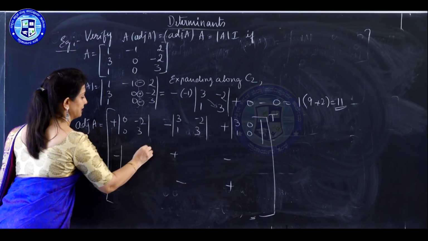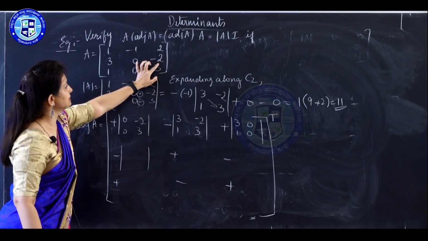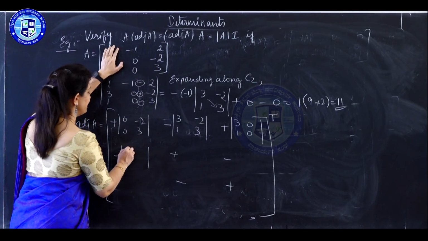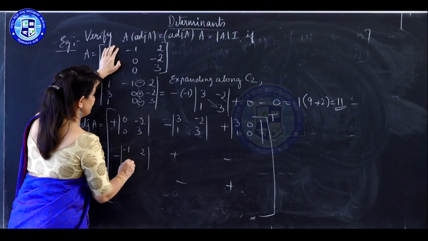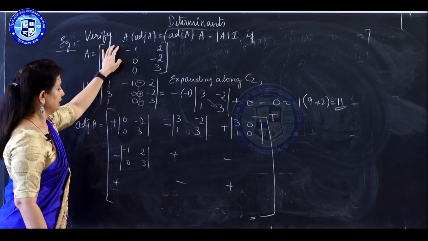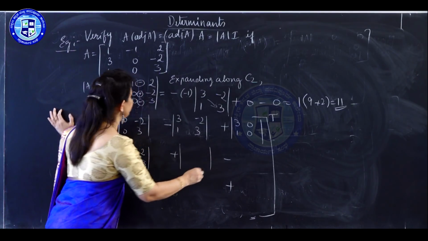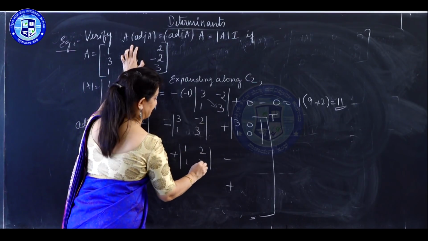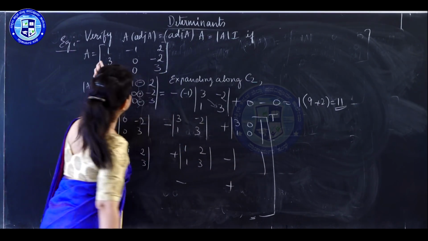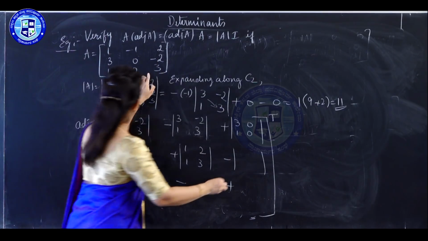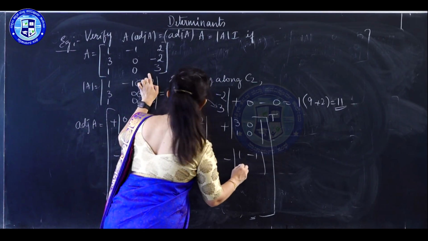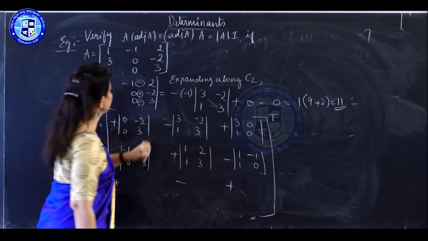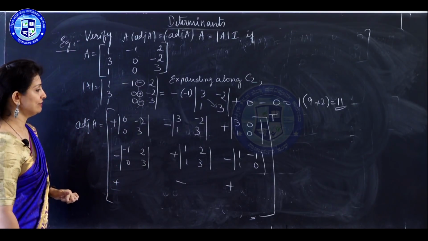Next, delete the second row and first column, minus 1, 2, 0, 3. Now, the second row, second column when you eliminate, 1, 2, 1, 3. Delete the second row, third column, remaining elements are 1, minus 1, 1, 0.